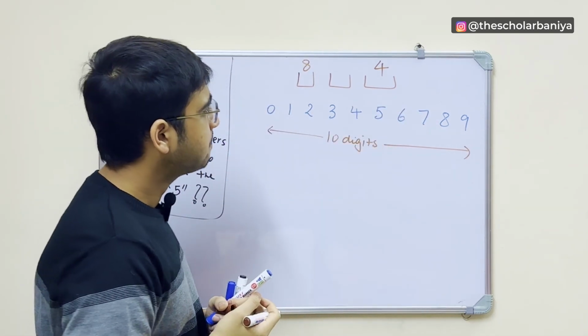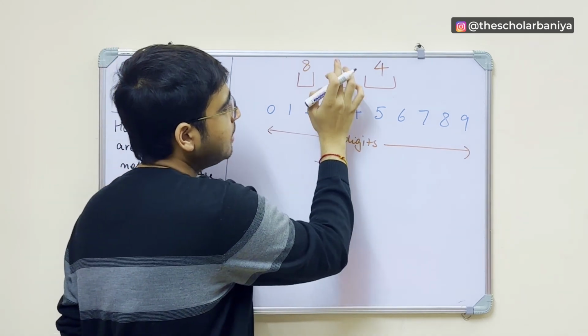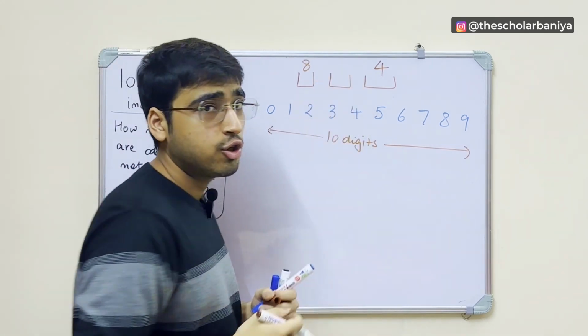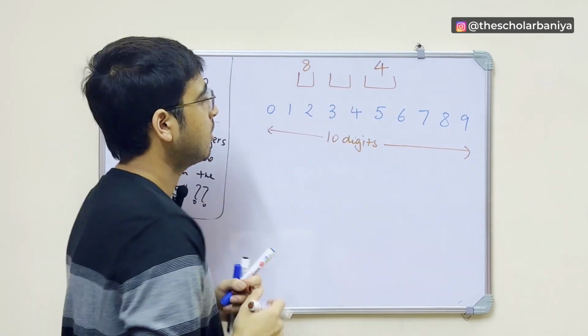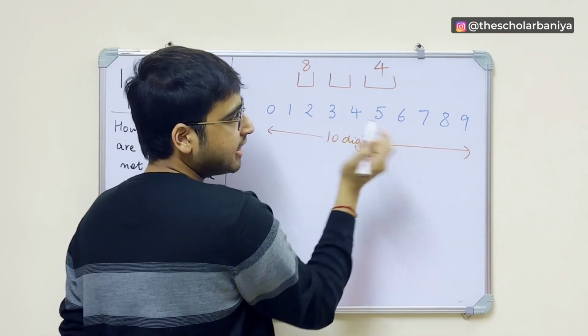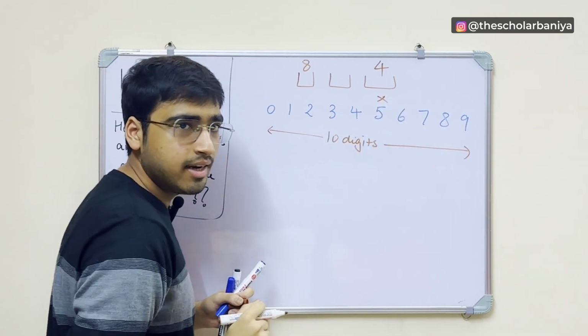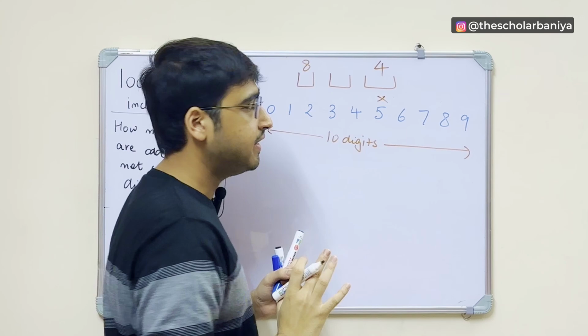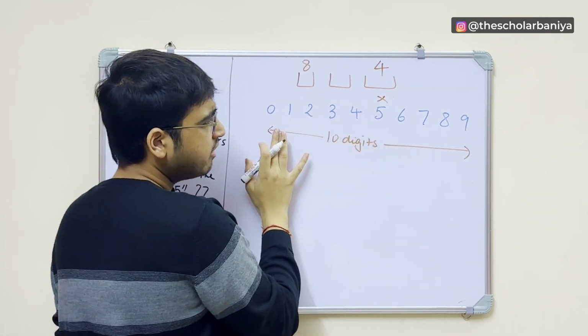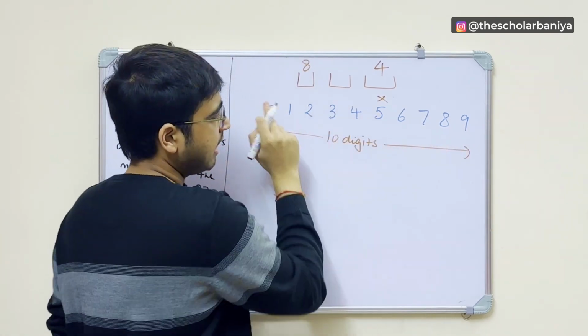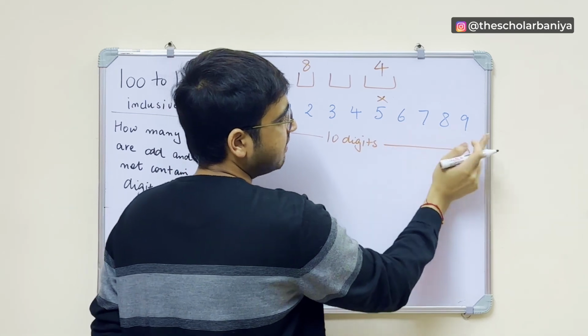Now how many options can be there for this middle digit? One thing is for sure: we cannot have 5, because we cannot have 5 in the entire integer. Apart from 5, we can have any digit: 0, 1, 2, 3, 4, 6, 7, 8, 9.